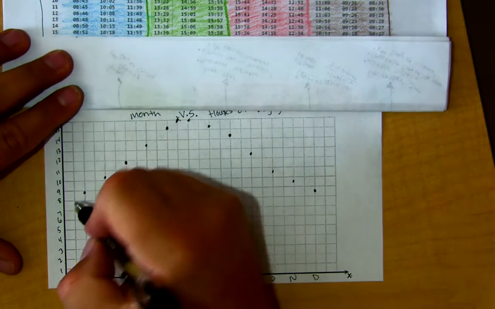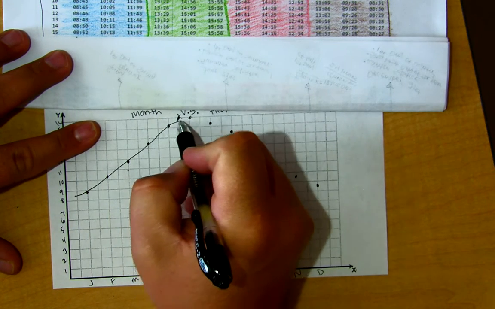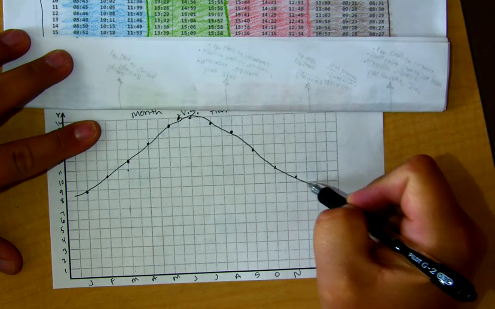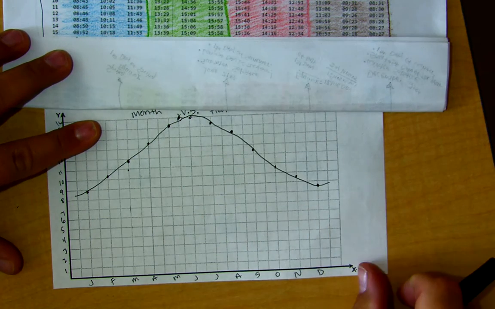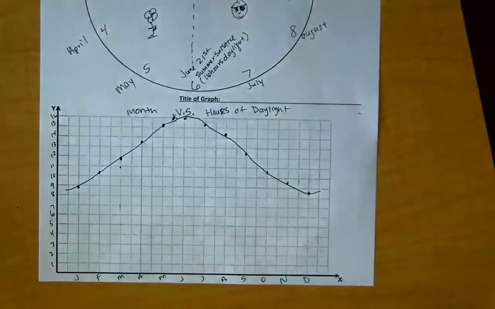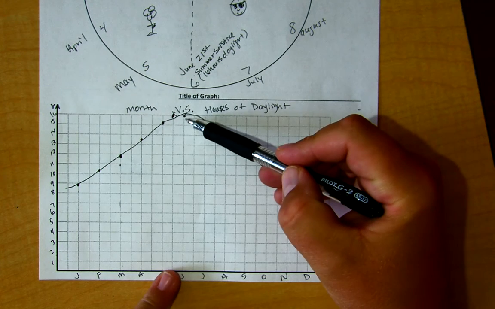All right, this is called a line graph. So let's draw a line like this, going up. Gets up to the top. We get to that top one, and we go back down like this. And it swoops back up. This is our line graph showing our data. And if we look at this thing, what it tells us is throughout the months, we are increasing light.